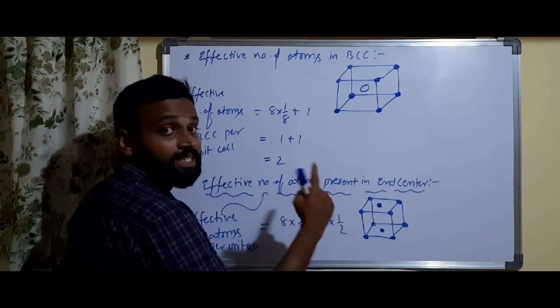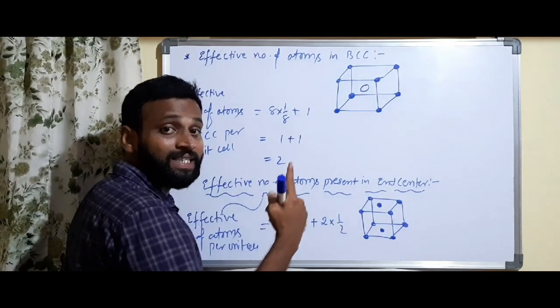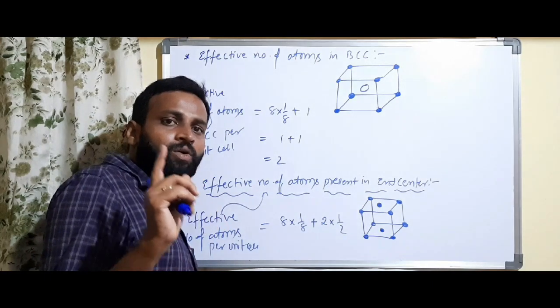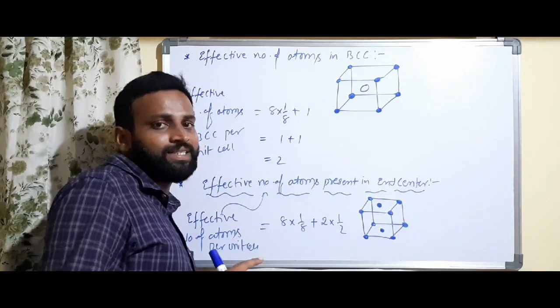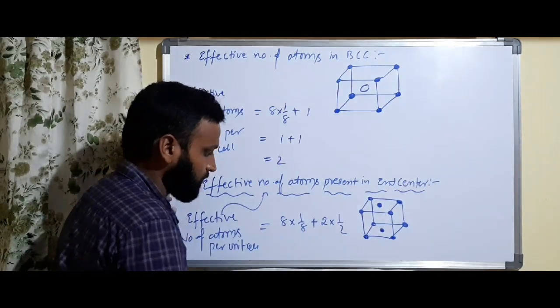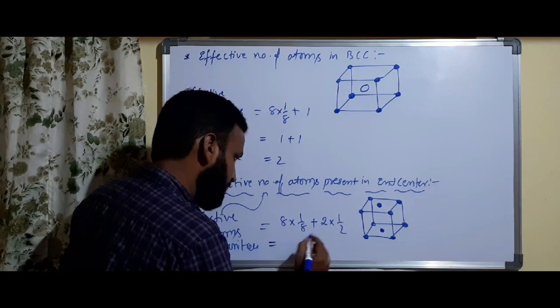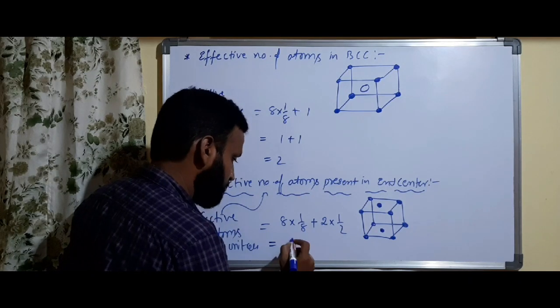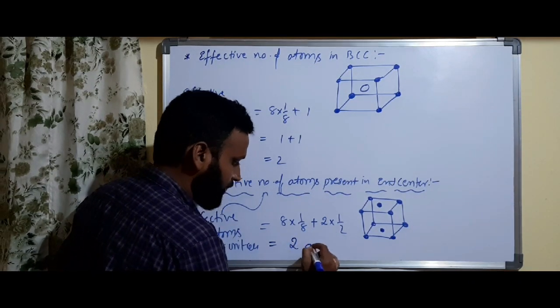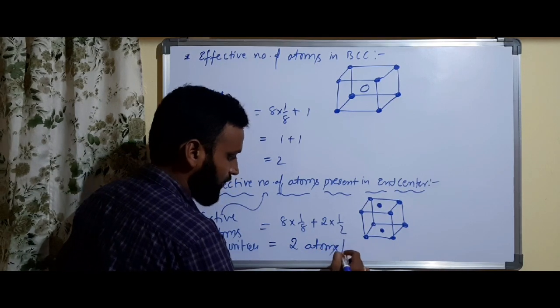In the previous FCC I wrote 6 into 1 by 2, as atoms or ions are present at all 6 faces. But here only 2 faces. That's why I wrote 2 into 1 by 2. So 8 into 1 by 8 plus 1, which is 1 plus 1, only 2 atoms or ions.